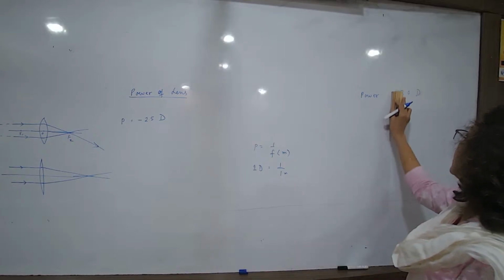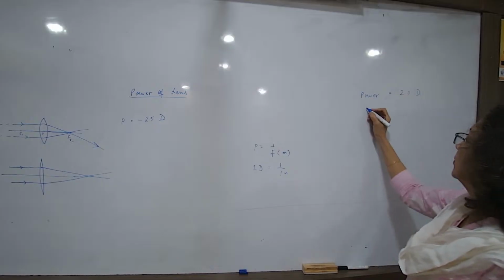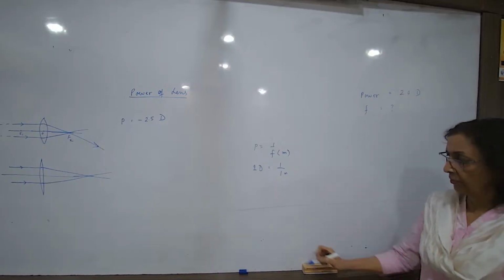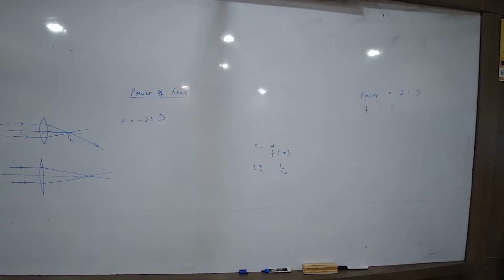Substitute. The power is 2 diopter. Find out F. F is equal to 0.5. We all get it as 0.5 meter. Is it plus or minus? Plus.